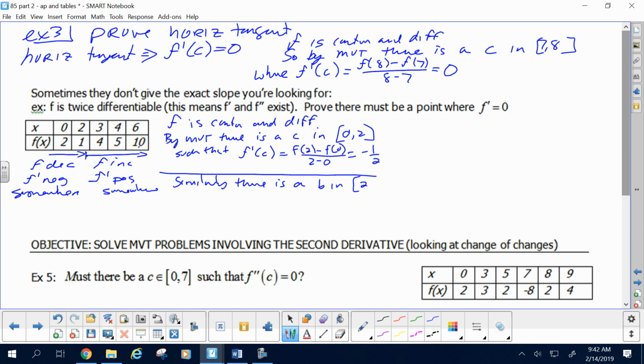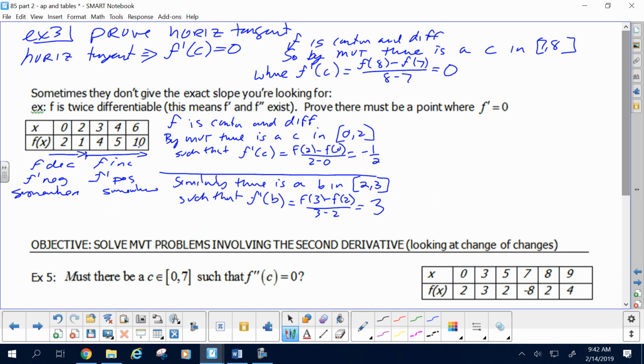But there's a B and let's just go 2 to 3 such that f prime at B is f at 3 minus f at 2 over 3 minus 2, which is, and what's that slope between 3 and 2? Up 3 over 1, okay.